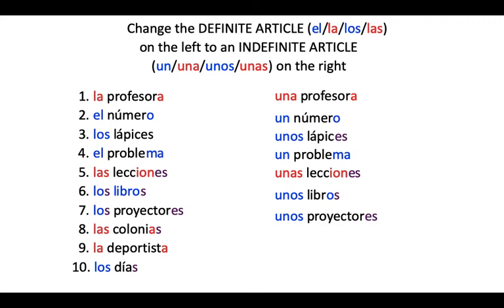The neighborhoods to some neighborhoods. Las colonias changes to unas colonias. The athlete to an athlete. La deportista becomes una deportista. And finally, the days to some days. Los días changes to unos días.